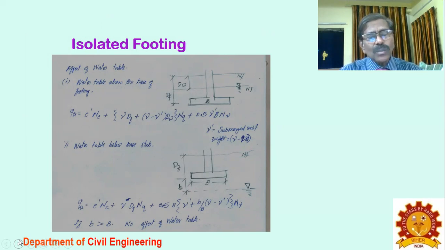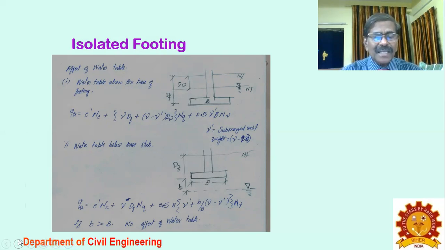When there is a water table fluctuation, obviously the self weight of the soil will be influenced by the buoyant weight of the water. So gamma becomes gamma minus 1, which is the buoyant weight of the soil, the density of the water being 1, because it is submerged and the flotation law comes in. You get the reduced weight of the soil.